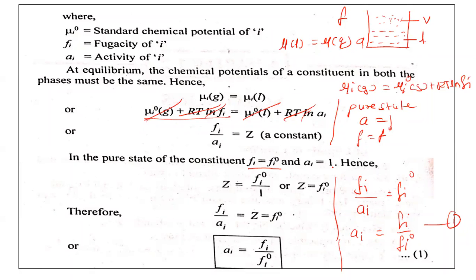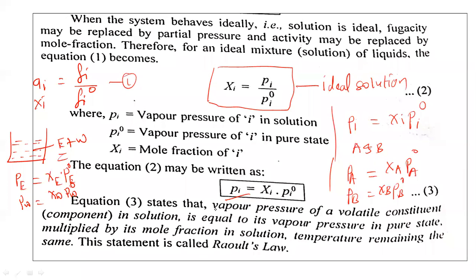So ai is 1 here, fi is equal to fi0, so Z is equal to fi0. So fi upon ai is equal to fi0. So activity is the ratio of the fugacities: ai is equal to fi upon fi0. This is equation 1. Activity is related to the ratio of the fugacities.